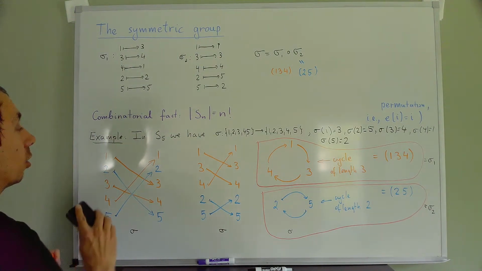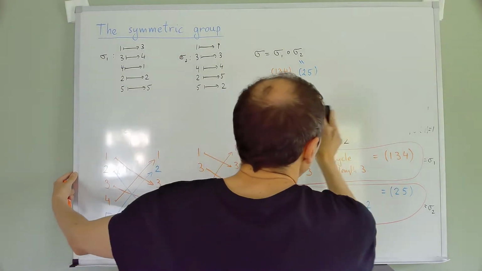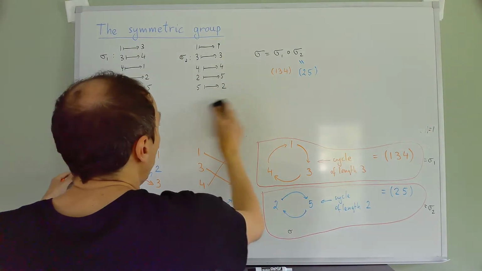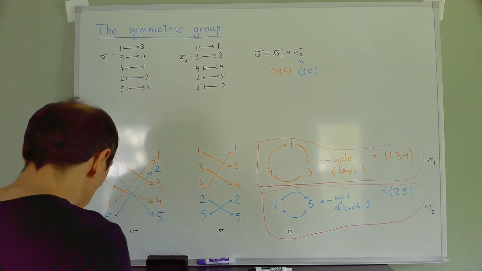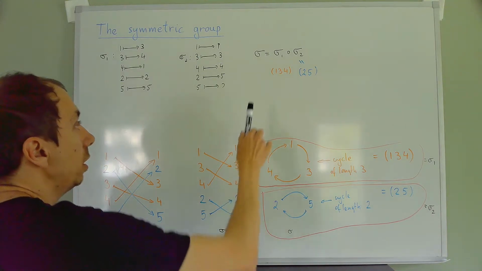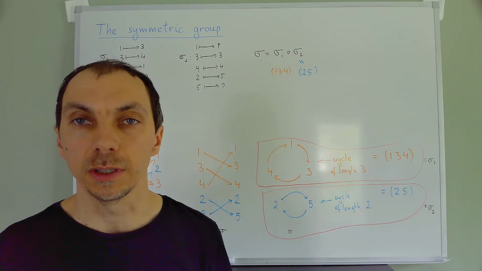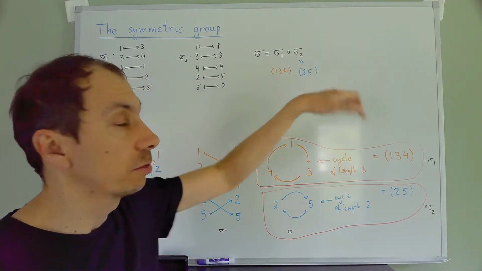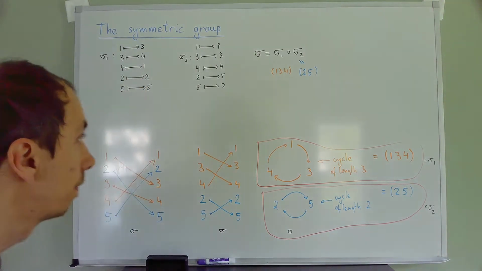So let's talk a little bit more about these cycles, because they're just a very convenient way to write permutations. One thing about these two cycles is that they do not share any numbers among them. This one only has 1, 3, and 4. This one has 2 and 5. They don't overlap. Such cycles are called disjoint.